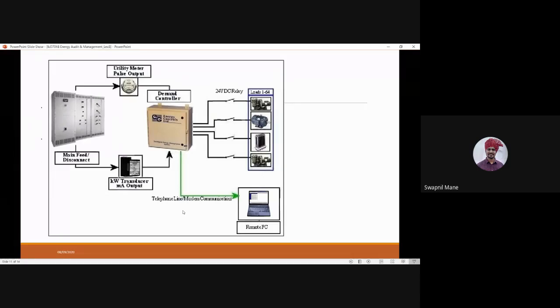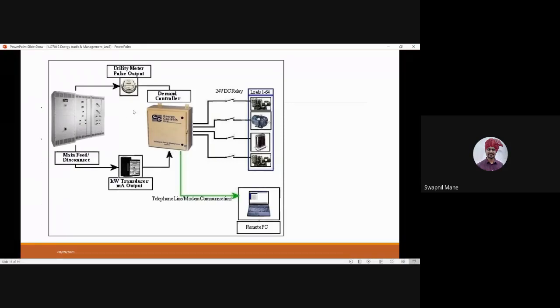In the previous lecture I also told you that one unit saved is equal to 2 units generated. You remember that? One unit saved at the consumer level is 2 units saved at the generation level. So we have to target demand side management.